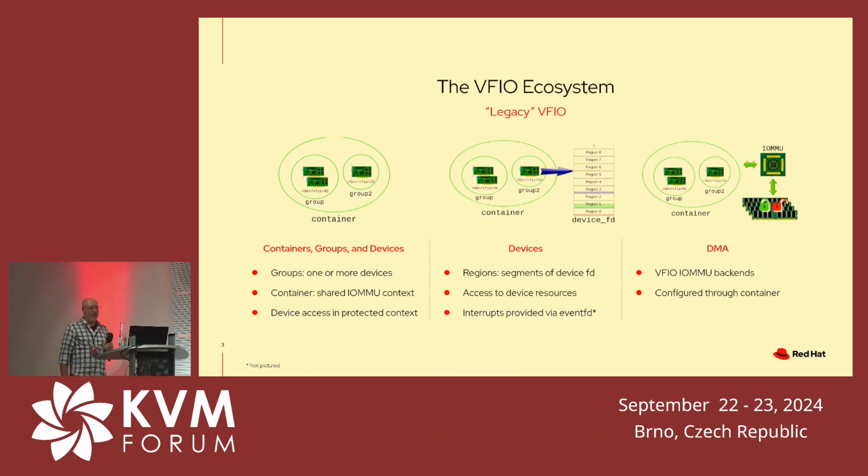So some of the key components of VFIO: we start with containers, groups, and devices, where a group is defined as the minimum set of devices that are isolated from all other devices based on things like IOMMU isolation and isolation between the devices. We add that group into a container. The container represents the IOMMU context.